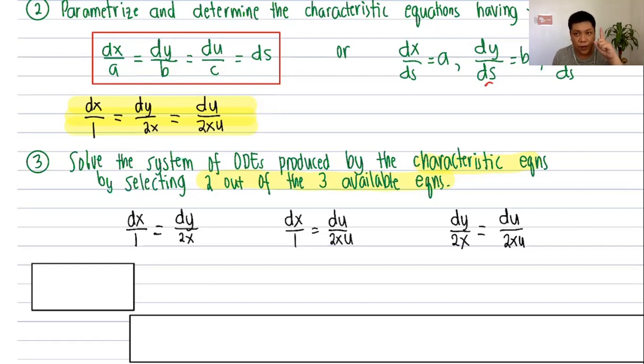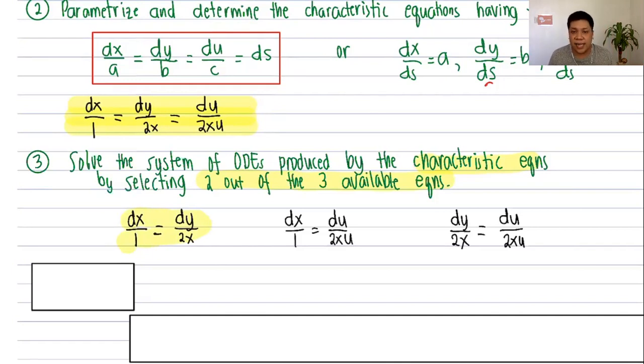Now again, what's the first equation that we select? We select the equation wherein du is absent, or we won't see any du, right? And that is this equation over here.